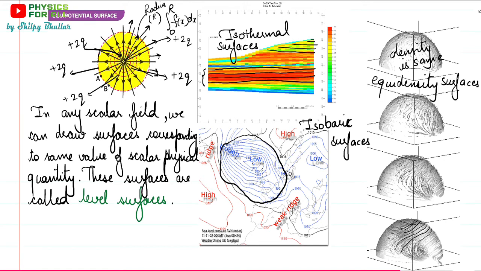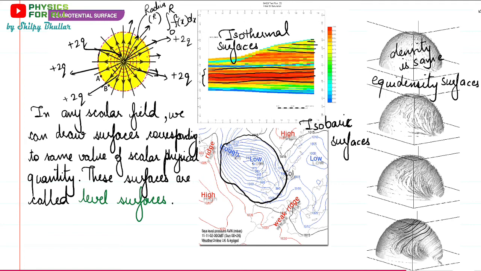Whenever we draw two level surfaces, they would be having different limits, because the innermost circle would be having limit from 0 to say some distance x, another one would be some distance x2, x3, and so on up to r, where r is the greatest distance of all.